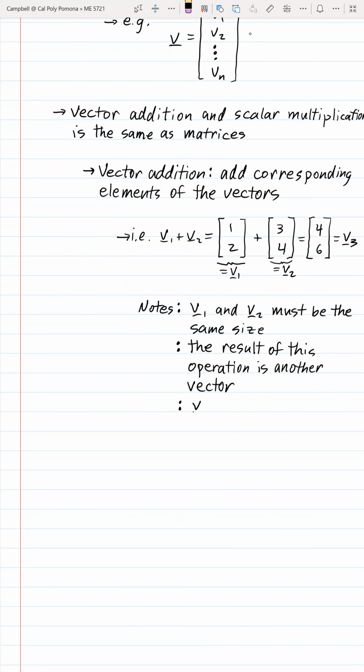And as we can see, because the order of addition when it comes to the individual corresponding entries of a matrix doesn't matter, then the order of vector addition also does not matter.